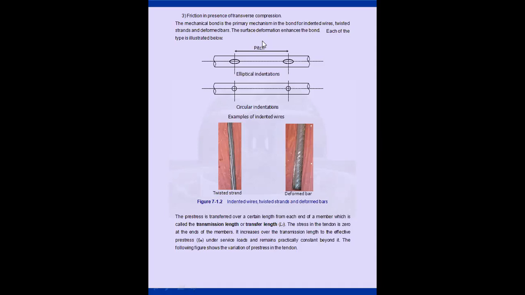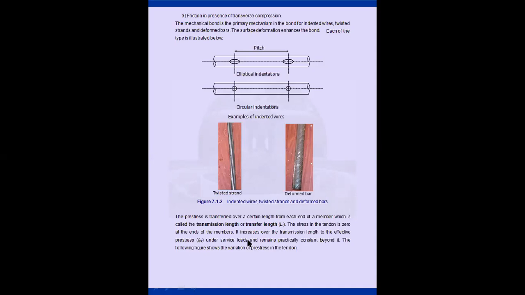So here, read out this sentence clearly. The pre-stress is transferred over a certain length from each end of a member, which is called the transmission length or transfer length. The stress in the tendon is zero at the ends of the member. Why is it zero? Because at the ends you can't see any change in length, but you can see the change in length at the center of the member.